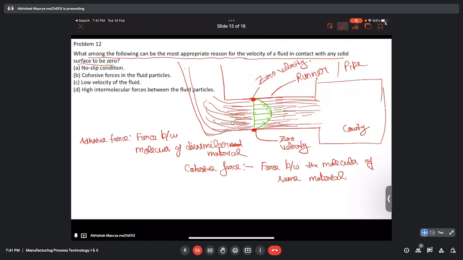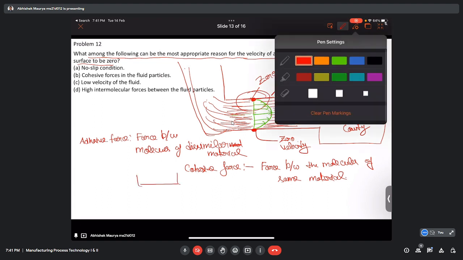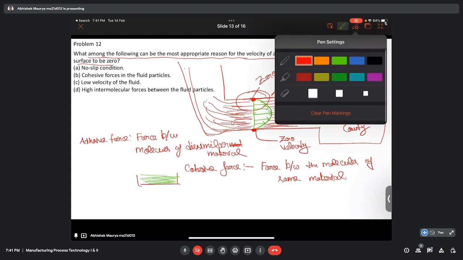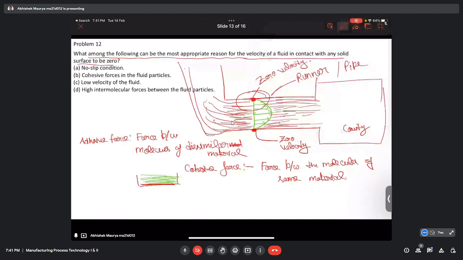Okay, so if we zoom out, what we find here is the wall of the mold, and this is the molten metal.